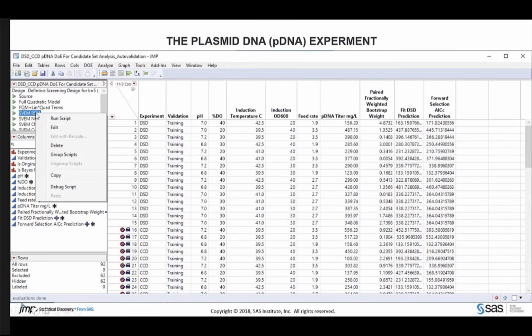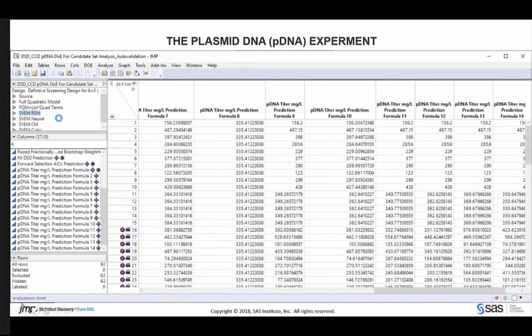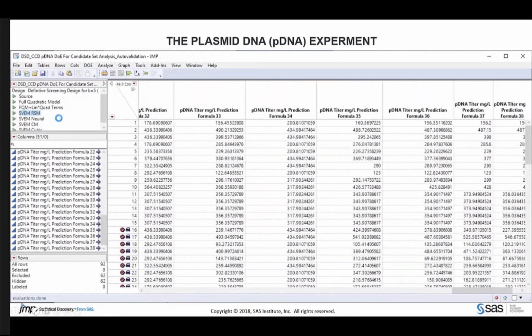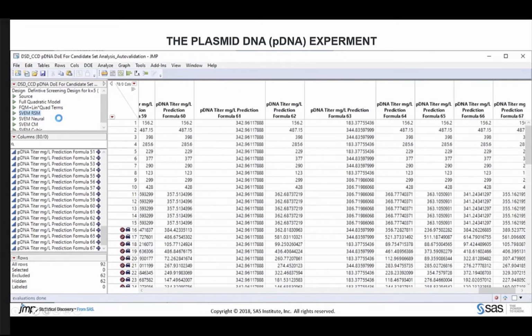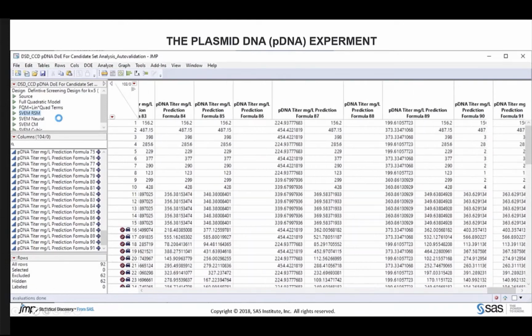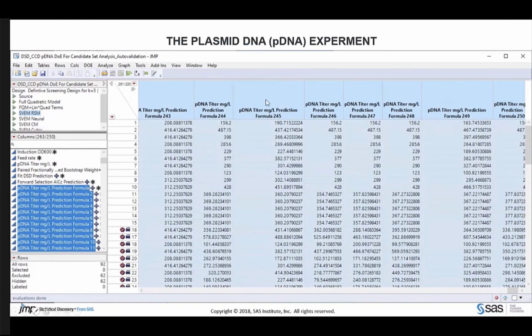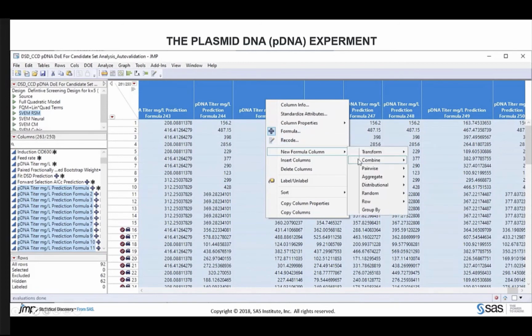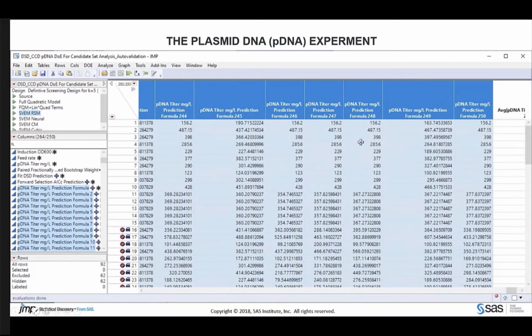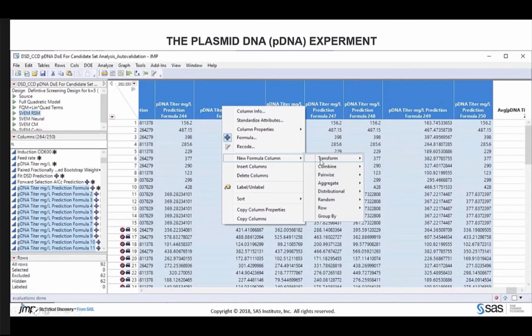So now that we have it set up, we're just going to go ahead and run the script, which executes S-VEM by applying forward selection 250 times, and then we can do a couple of manipulations just to clean up the columns and create our S-VEM average formula.